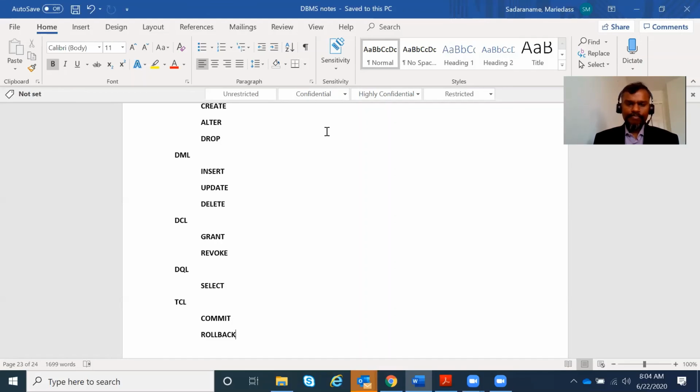Make sense? People who know this may find it boring, but people who are new to the terms commit and rollback, I want you to understand. This is very, very important. When you're working in a database world, you need to know where to issue a commit, because you may be using at least a hundred application programs, and each may be talking to a different table to fetch different data.